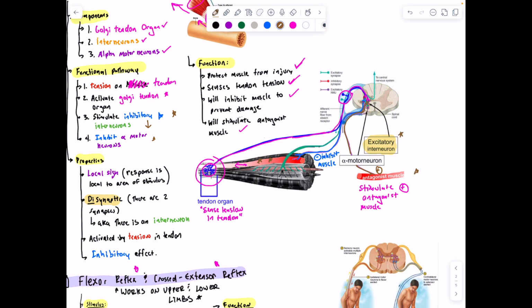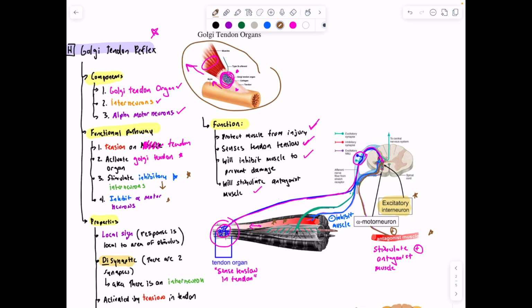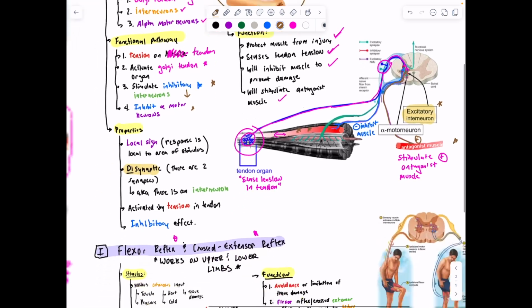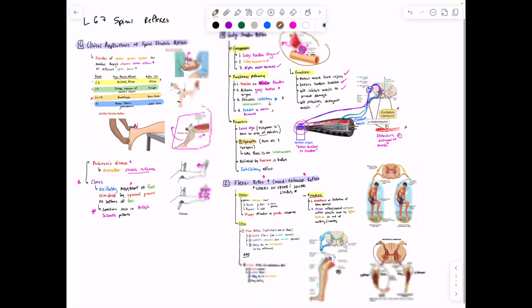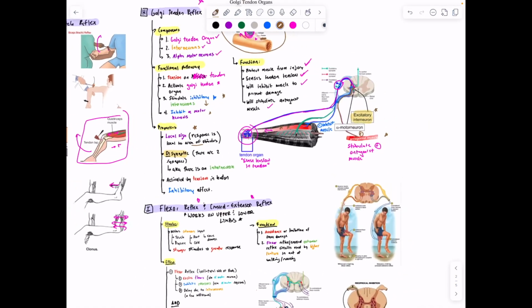All right, but the idea is you're protecting yourself from excessive contraction, tension on this tendon, which, if there's excessive contraction here, you're going to hurt this muscle. All right, so properties: local sign, right? The response is always local to the area of the stimulus. This is actually disynaptic. We said the only monosynaptic reflex that we are learning about is the spinal stretch reflex.